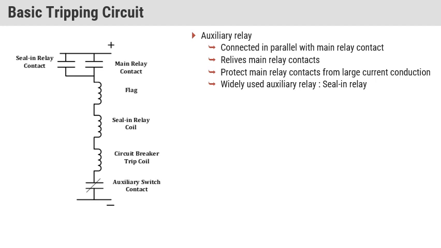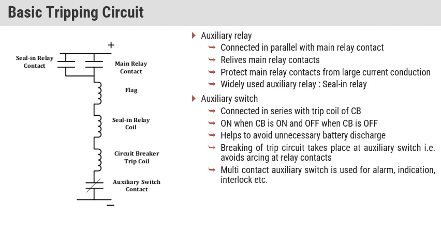Now, the auxiliary relay is connected in parallel with the main relay contact. It relieves the main relay contacts and protects them from large current conduction. A widely used auxiliary relay is the seal-in relay. The auxiliary relay works when the main relay fails to open the circuit breaker contact.